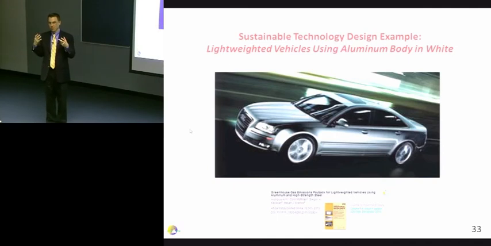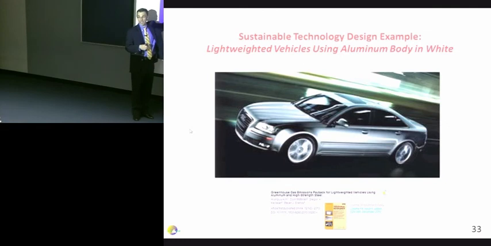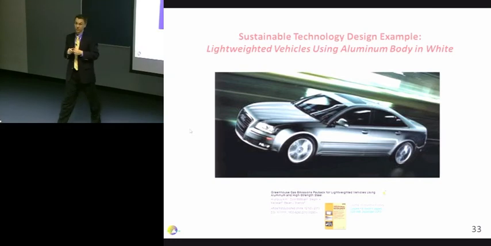Because I think many of you know that when you produce aluminum, it takes more greenhouse gas emissions per kilogram than the functionally equivalent amount of steel. So this equivalent body in white in steel would require fewer greenhouse gas emissions in production. But it will weigh more. So there's a trade-off there, right?